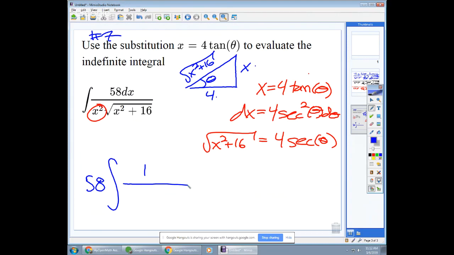In the denominator, x squared is going to be the 4 times the tangent squared, so that would be 16 tangent squared of theta. Theta, good job. And then the square root is really 4 times the secant of theta.